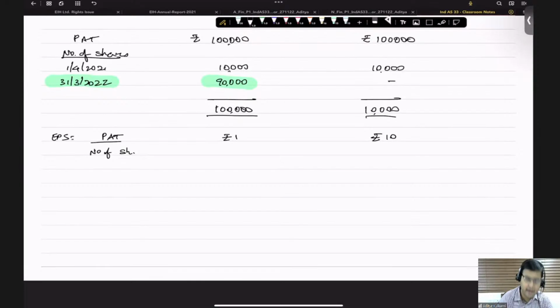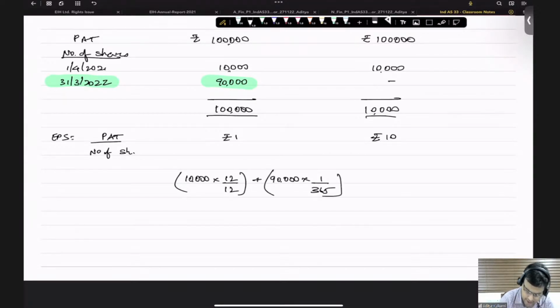So what do we mean by a weighted average number? Well, for A Limited, we will calculate it as 10,000 shares were present for the entire 12 months, whereas the 90,000 shares were in existence for only 1 day out of 365 days.